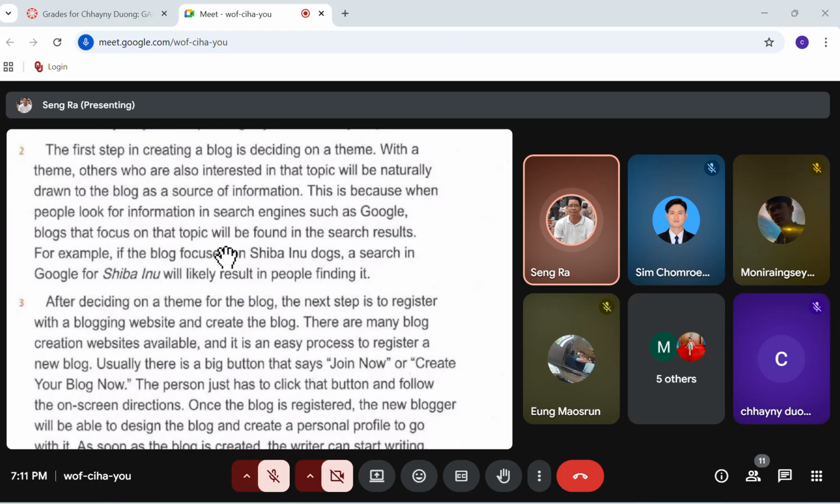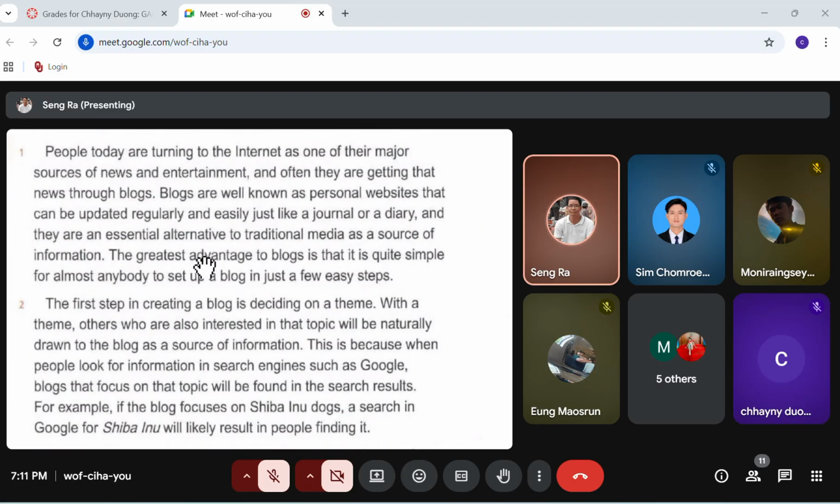This is how you direct yourself when you have this statement. I don't really have much time to read your general statement. I would just dive straight into the greatest advantage, the thesis statement here.